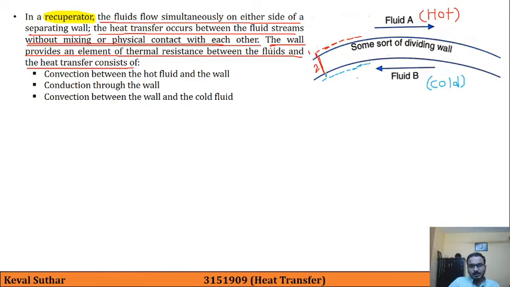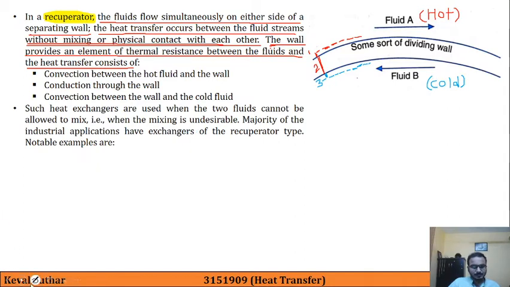So this is the third way the heat exchange is happening. Such heat exchangers are used when two fluids cannot be allowed to mix, that is when their mixing is undesirable. So here you can clearly see that mixing is not happening.